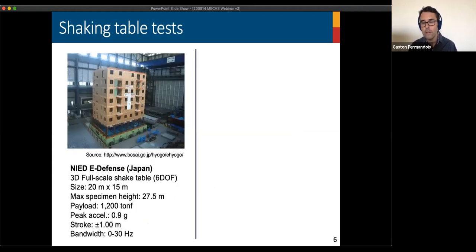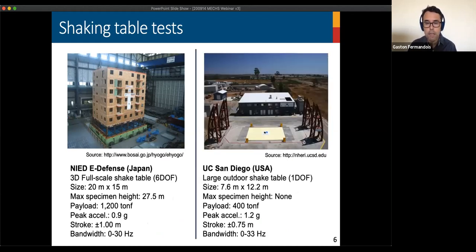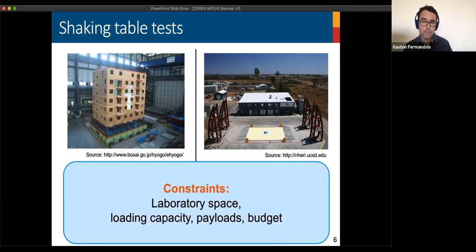The gold standard in experimental testing is shake table tests. Here are two examples of the largest shake tables in Japan and in North America. And you can see in the description of each table, there are several limitations for this kind of facility. So constraints play an important role whenever you want to conduct experimental testing.